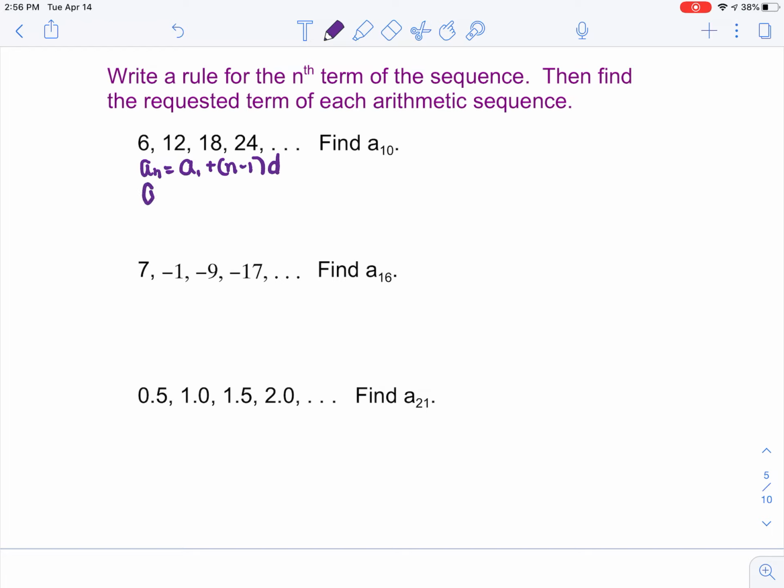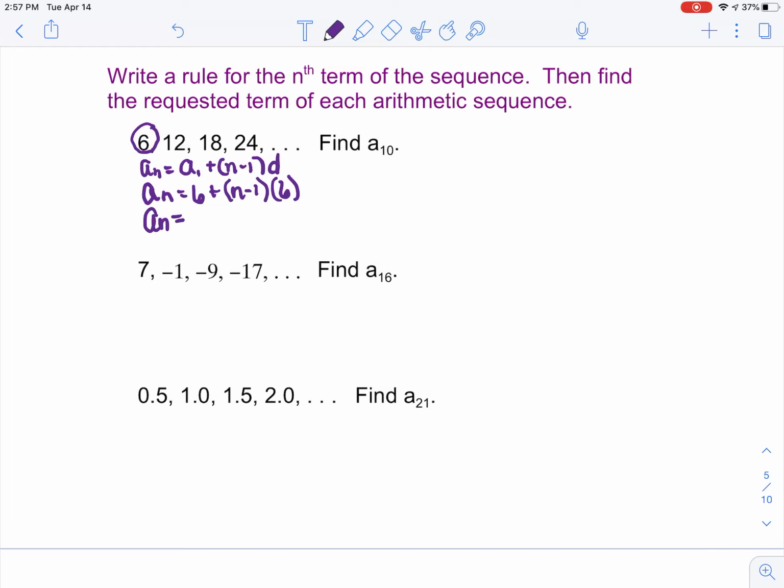Since I am looking for the rule, I'm going to keep this a sub n because I want to know what the 8th term is, the 25th term is, so that's going to stay in. Do I know my first term? My first term is 6, plus n minus 1. And what is happening each time? Well, 12 minus 6 is 6. 18 minus 12 is 6. So my common difference is 6.